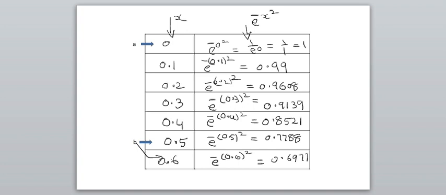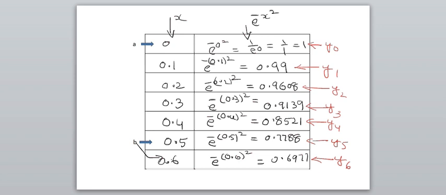These are the required values of y. Let me indicate this is y0, this value is y1, and y2, y3, y4, y5, and y6. Now how are you going to make use of these y values in a numerical scheme, particularly Simpson's 1/3, to evaluate this integral numerically?